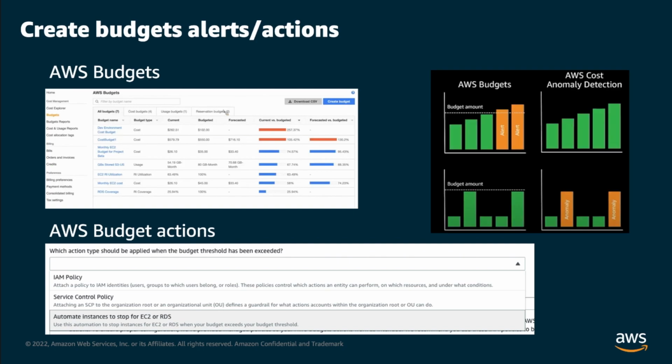Another thing that is interesting in other services, AWS Cost Anomaly Detection. And this is a little graph that shows the difference between when you're using AWS Budgets versus when you're doing anomaly detection. So basically, if you set a budget like $100,000 per month, and then if it reaches and goes over this limit, it's going to alert on AWS Budgets.